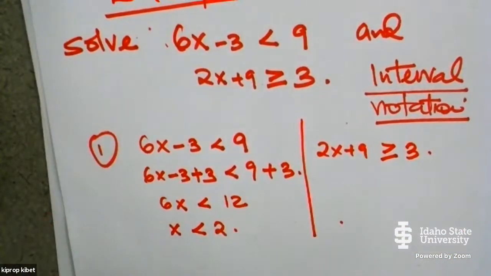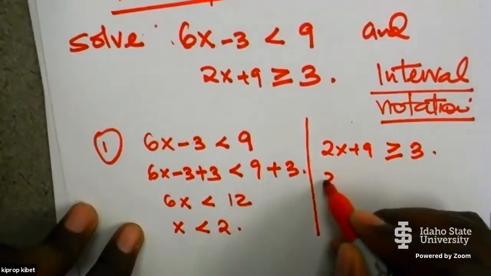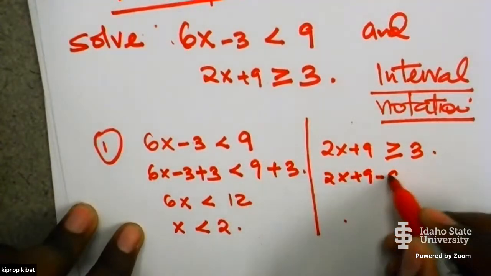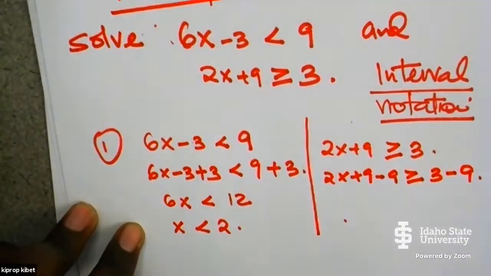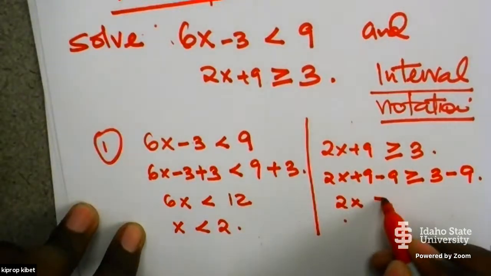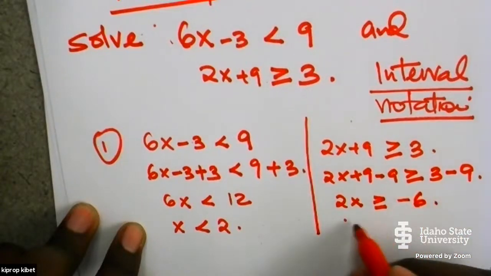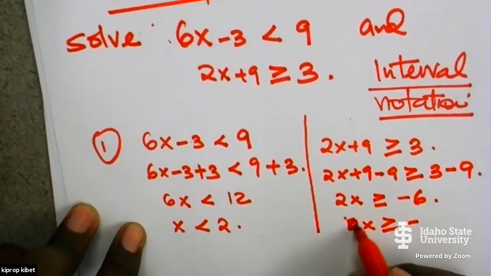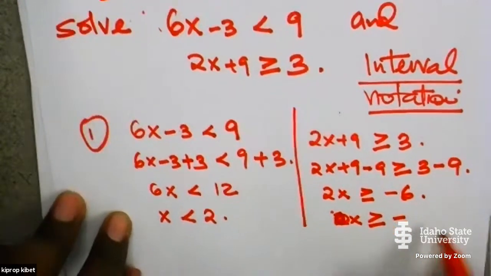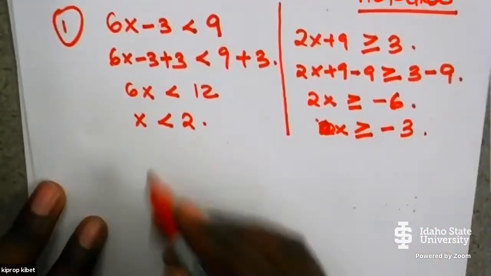You subtract 9: 2x plus 9 minus 9 greater or equals to 3 minus 9. So 2x is greater or equals to minus 6, and then x is greater or equals to minus 3.